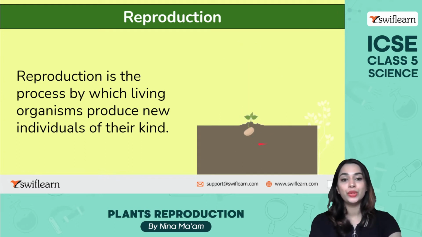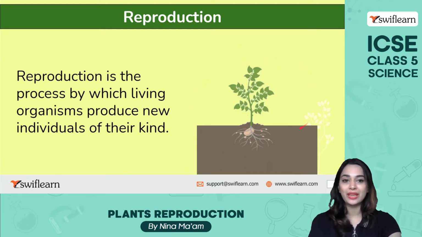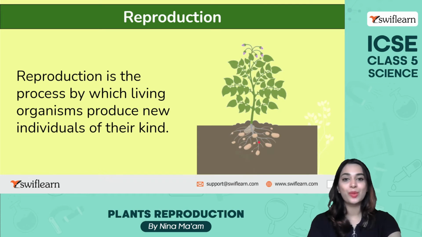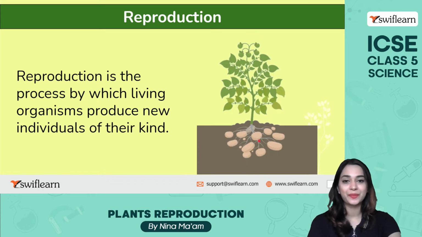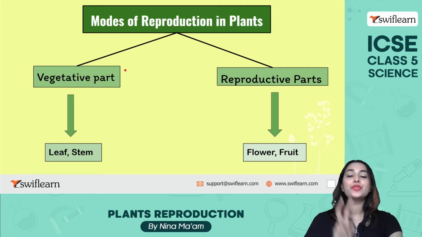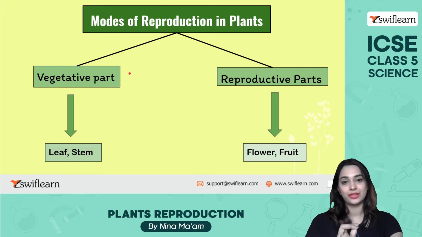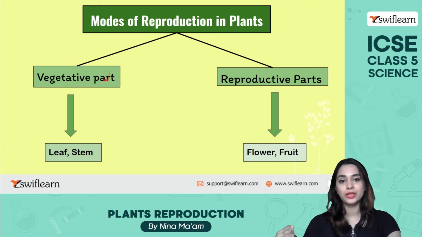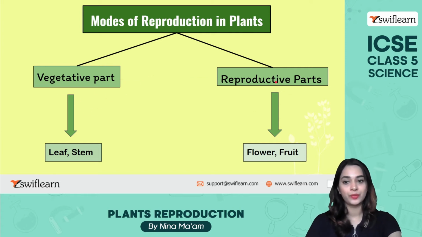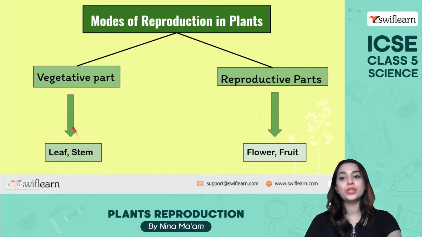And here we go. Look, the potato plant which is growing from one tiny seed. And we have two modes of reproduction in plants: the vegetative part and the reproductive part. The leaf and the stem are involved in the vegetative part.